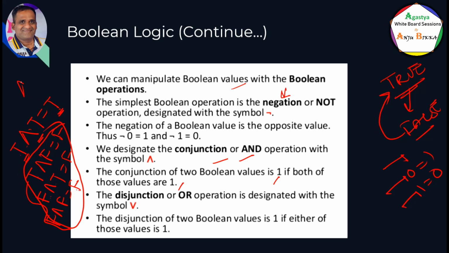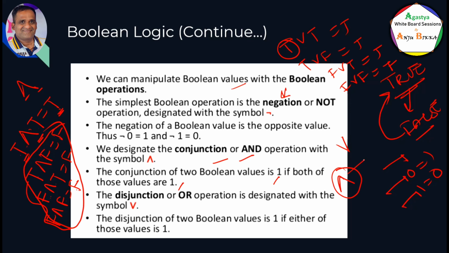Then in the case of or, true or true becomes true, true or false becomes true, false or true becomes true, false or false becomes false. So if any one of them is true, it becomes true. So these are the two differentiations. In the case of and, if both are true, then only it is true.